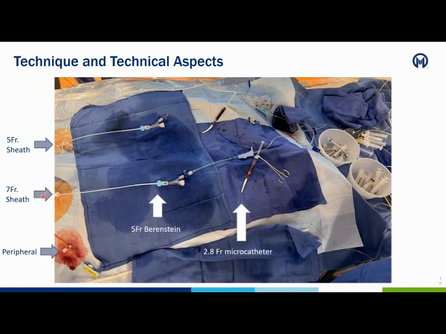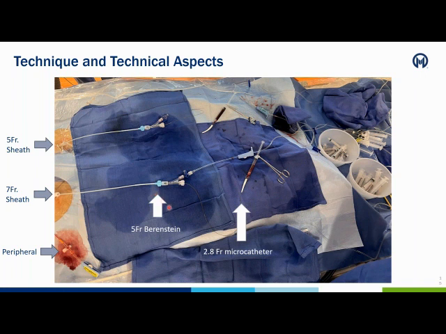We usually get a 7 French sheath on the right side. We need a larger introducer, because that will allow us to do the peripheral blood samples from the groin area. And we usually use a 5 French sheath on the left side.